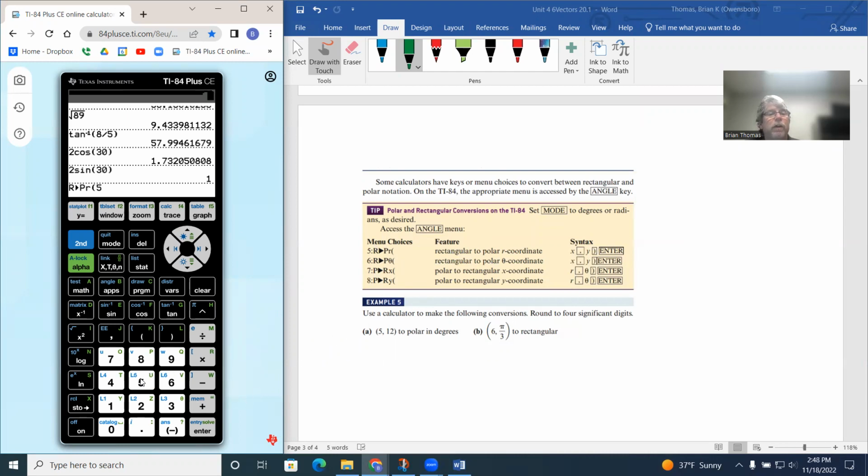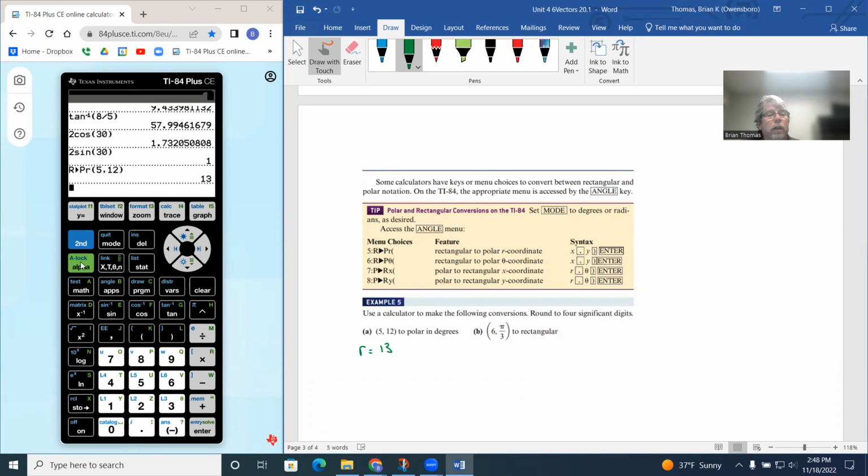So let's see, 5 comma, where is the comma on this calculator? There it is, right in front of me, the big 7. 5 comma 12. If I close that out and hit enter, that gives me the 13 for the r.